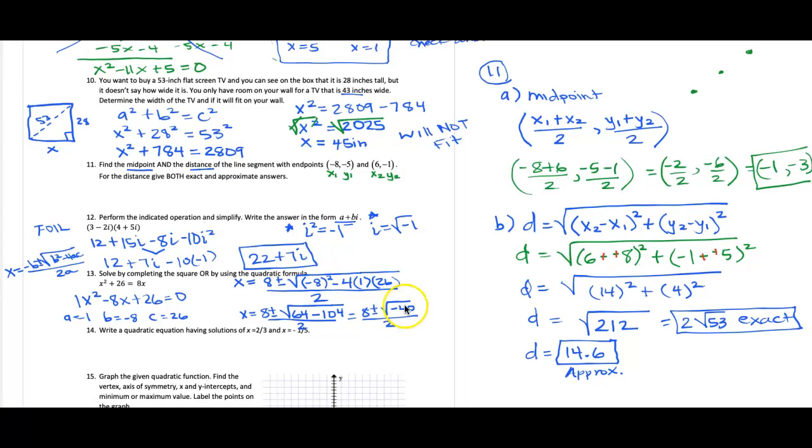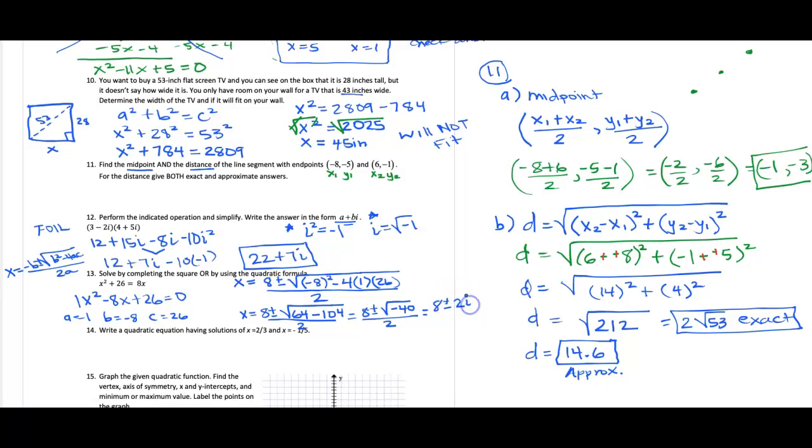And I can also see, like with 40, that's 4 times 10. All right, so I can take a square root of 4, which is 2. So 2 is going to come out. So when I write this out again here, I'll have 8 plus or minus. When I simplify this right here, the i is going to come out, but a 2 is also going to come out.